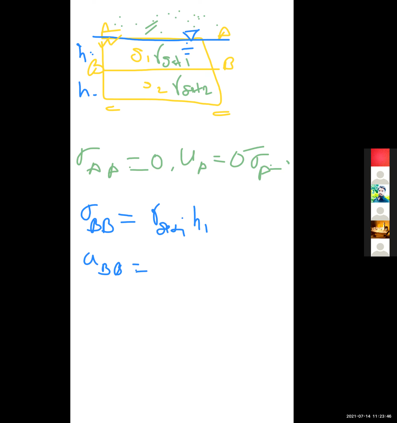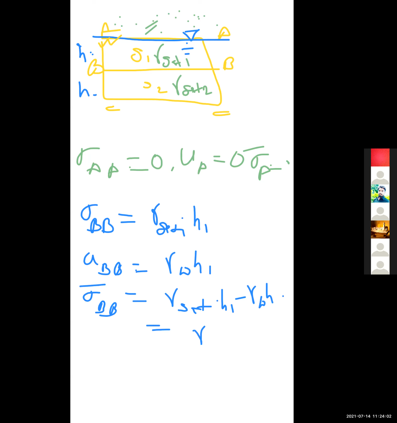Pore water pressure is gamma W into H1, and effective stress at B is gamma sat into H1 minus gamma W into H1. So this value equals gamma submerged into H1. Clear? Gamma submerged into H1. This is the effective stress at level B.